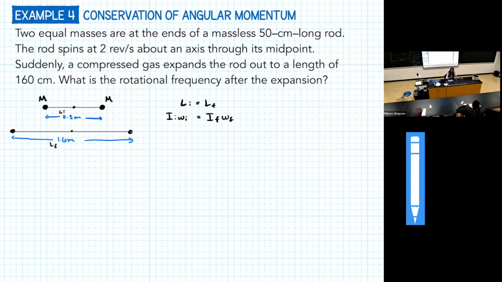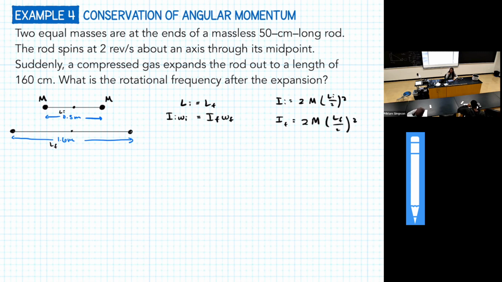So I initial is going to be 2 times the mass times L initial over 2 squared, and the moment of inertia final is going to be 2 times M times L final over 2 squared.